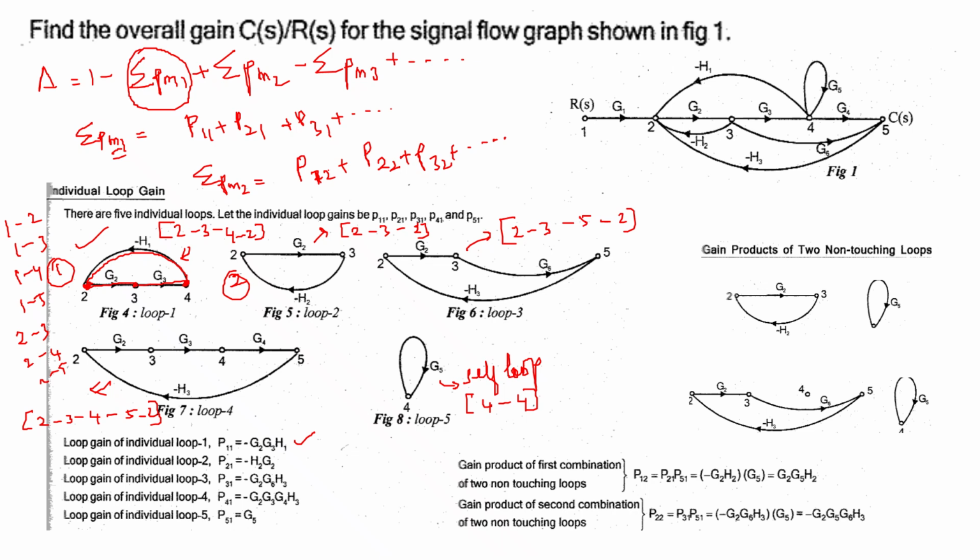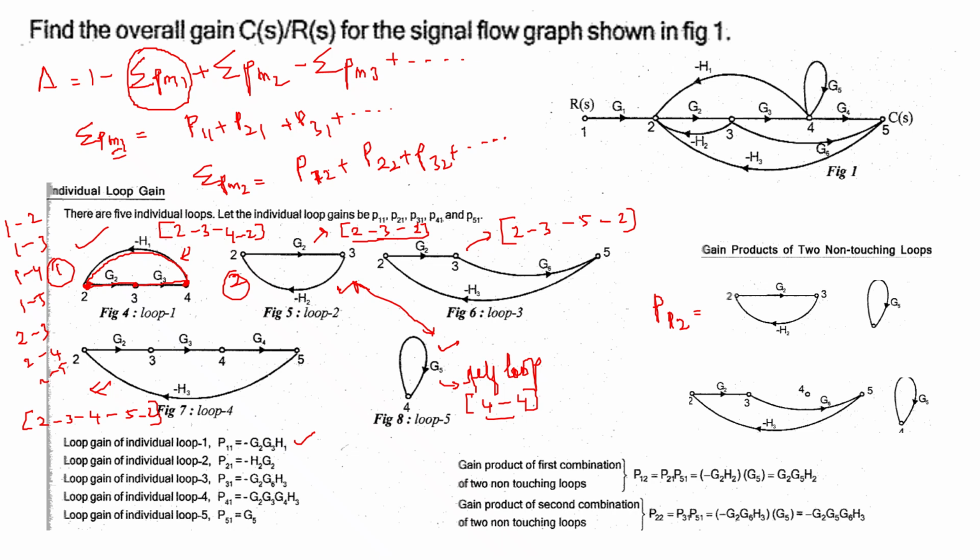If you do that, we can find two sets of non-touching loops. The first one is written as P12, which is the second loop and the fifth loop. We can combine these two: in the second loop we have nodes 2, 3 back to 2, and in the fifth loop only node 4.